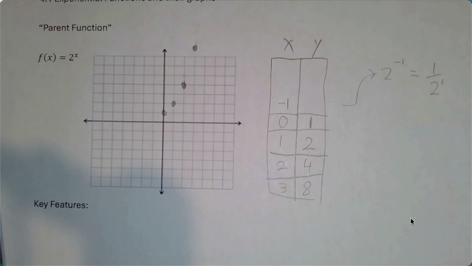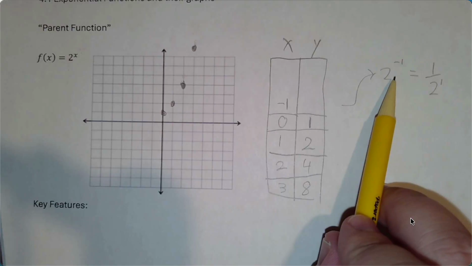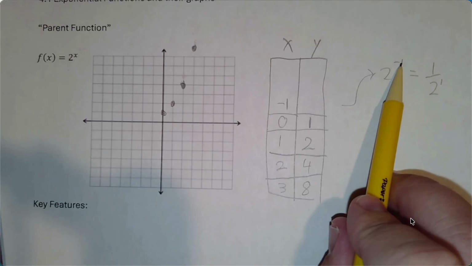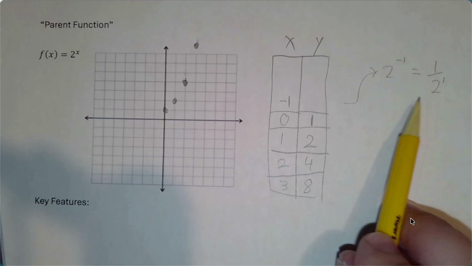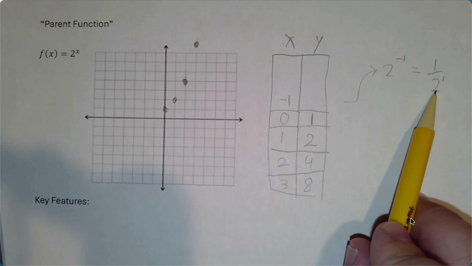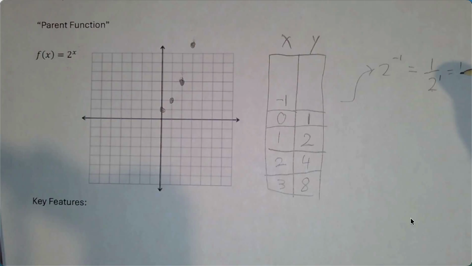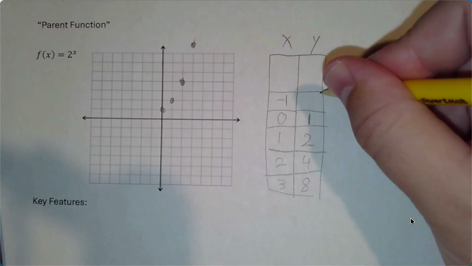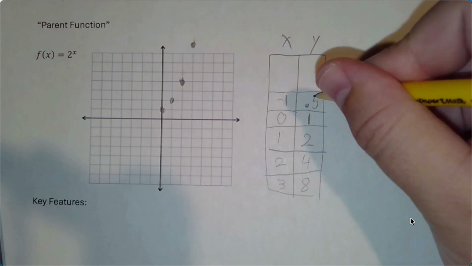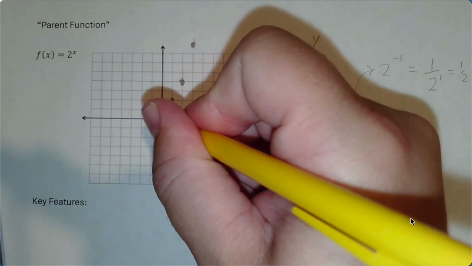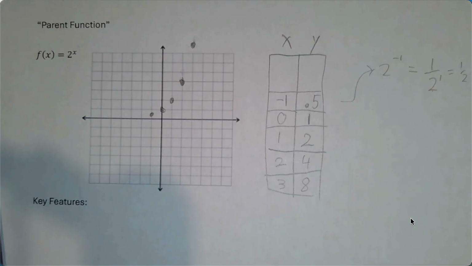So what just happened there? We just learned that a negative exponent can transfer to the bottom and become positive. Now, what's 1 over 2 to the first power? That's just 1/2, or 0.5, however you want to write that. So at -1, I'm at 1/2.